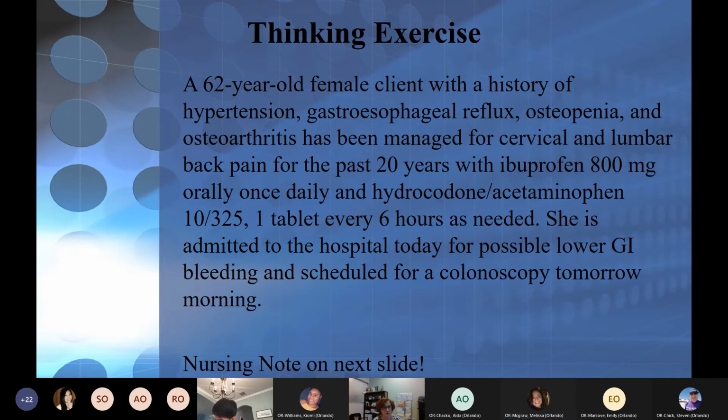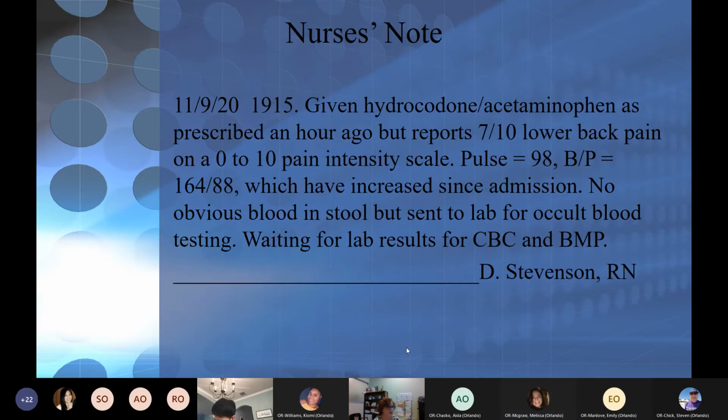So let's take a look at the nurse's notes that goes along with this patient. All right. Who would like to read the nurse's notes? I can read it. Okay. 11/9/20 at 19:15.